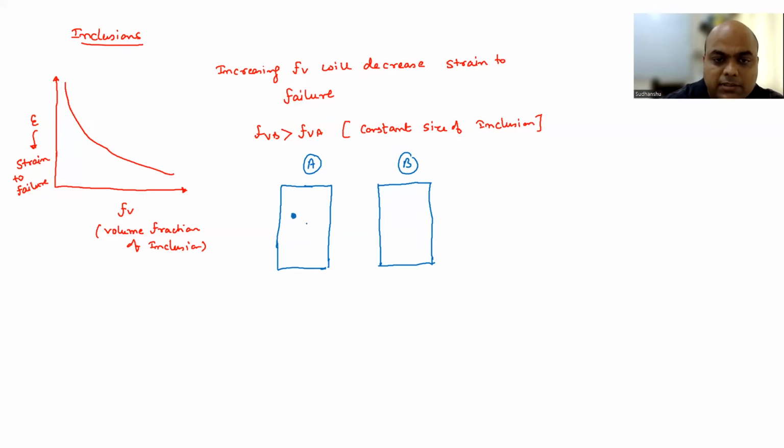So I am just making the size of the inclusions like this, okay? And in another case, volume fraction is increasing, and size remains same. So approximately I am drawing the same diameter of the circle, right? So these are your inclusions.